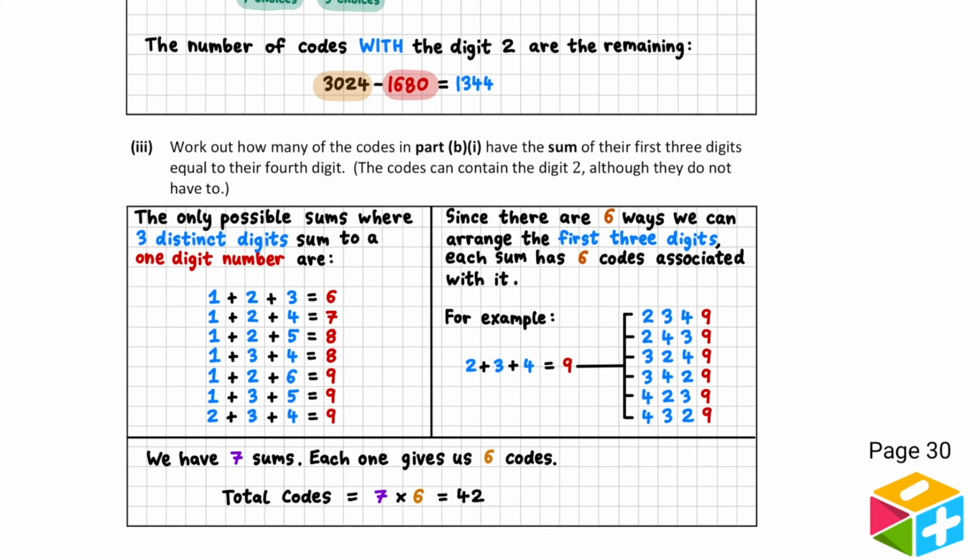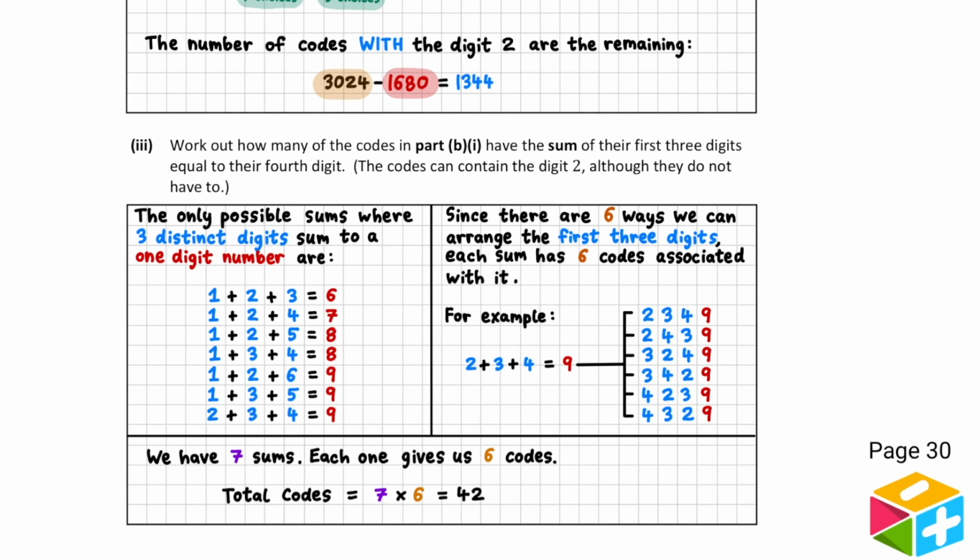In the final part of the question, we need to figure out how many of the codes have the sum of the first 3 digits equal to their 4th digit. The first thing to observe is that most of the time, when you add together 3 digits, you end up with a 2-digit answer.